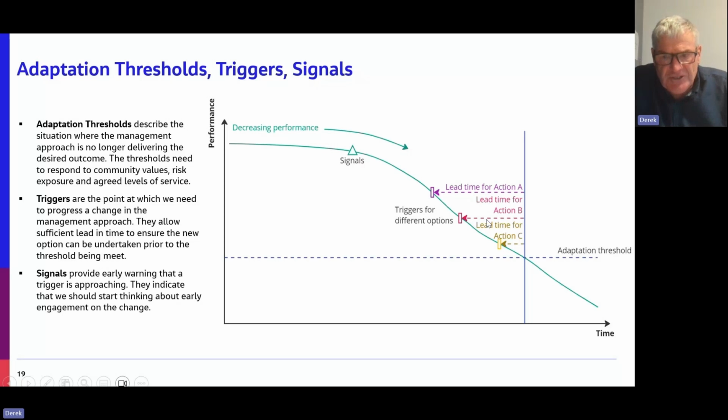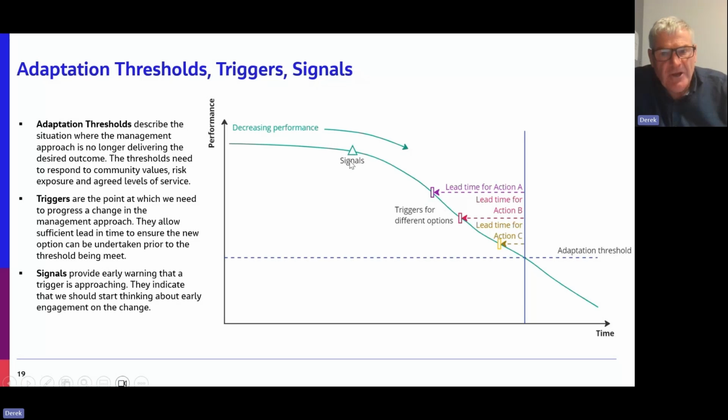Whereas something like physical structures can take a lot longer to get the necessary consents, do the necessary design, and raise the necessary capital through whatever mechanisms might be required. Things like relocating infrastructure need much greater time. So relocating where our wastewater treatment plants, outfalls, pipe networks or road networks might be takes longer. So those are the things we need to identify. When do we need to start work? And they then become our triggers.